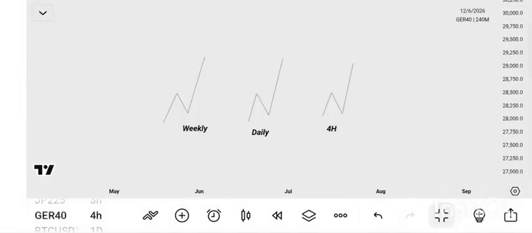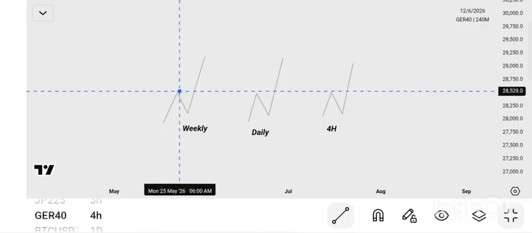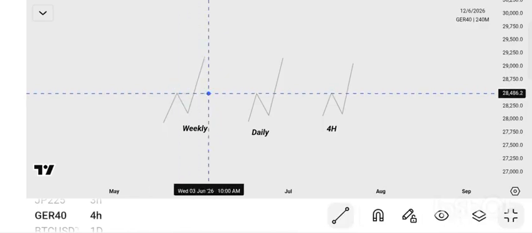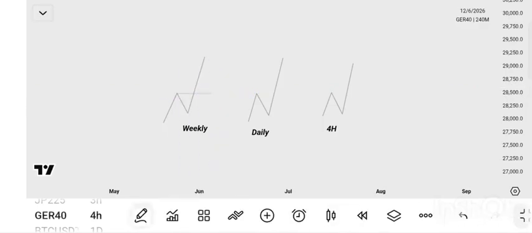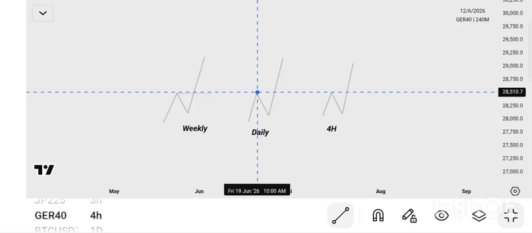They are going in the same direction, meaning that we are seeing a most recent break of structure. The most recent break of structure on the weekly is bullish, as well as the most recent break of structure on the daily time frame.